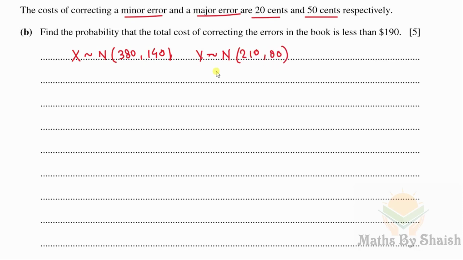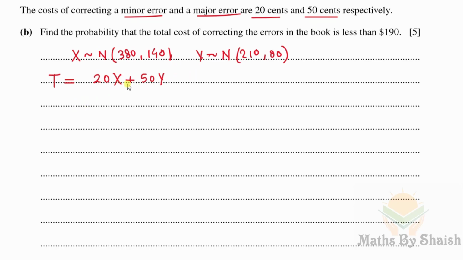So if these are the number of minor errors and major errors and the cost is given, the total cost we can take as T. T is going to be 20 times X for minor errors at 20 cents, plus 50 times Y for major errors at 50 cents.